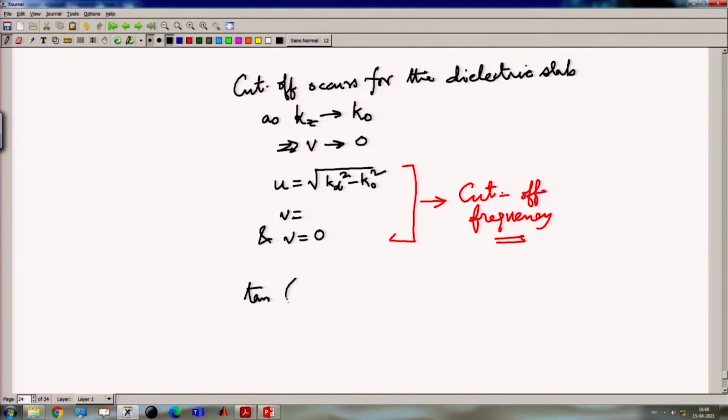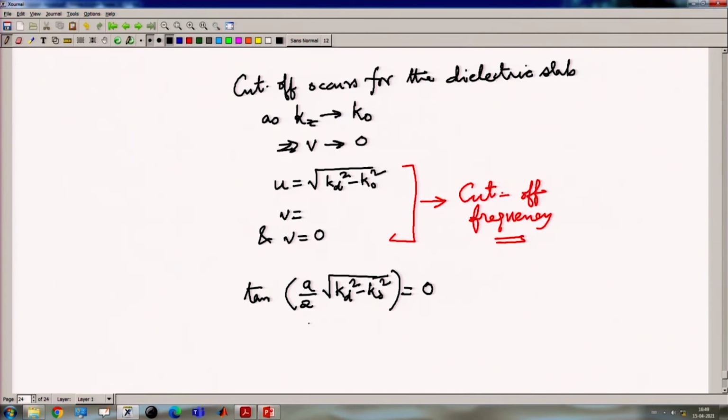tan of a by 2 root of k d square minus k 0 square equal to 0. So, we can look at equation number 19 and substitute u equal to root of k d square minus k 0 square.